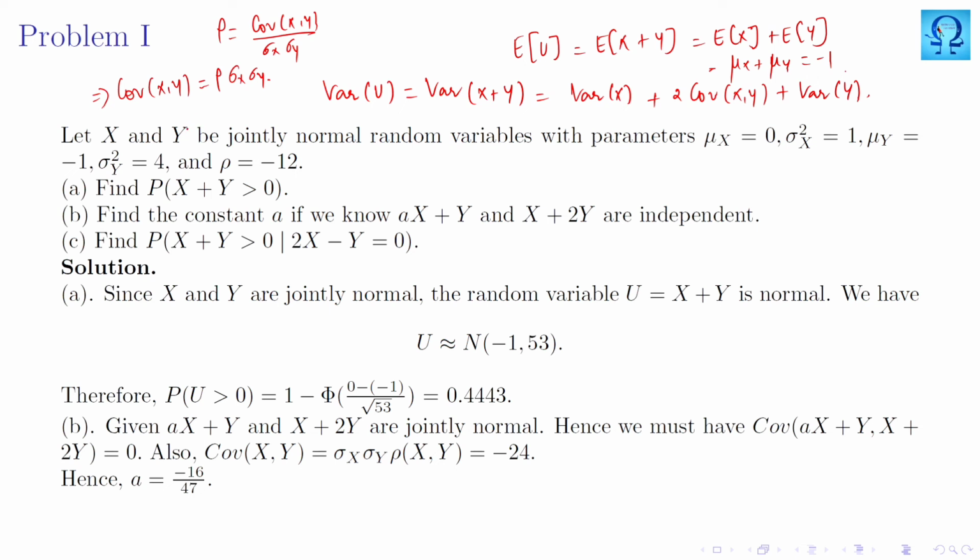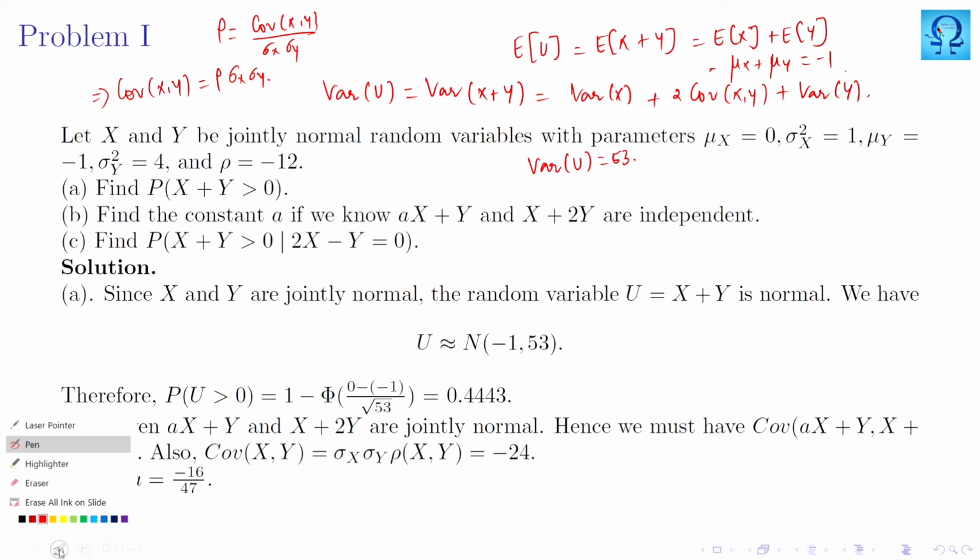If we just substitute these values, we get variance of u as approximately 53. So we say that this u is a normal variate with mean minus 1 and variance 53. Okay, and we just standardize it and see the probability value. Once you have the mean and variance or standard deviation, you can normalize it and find the value.